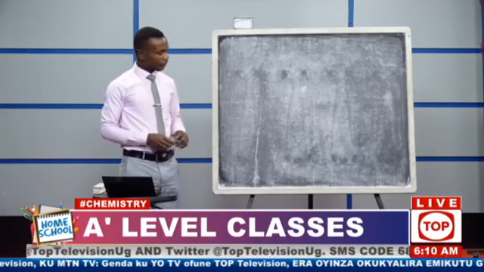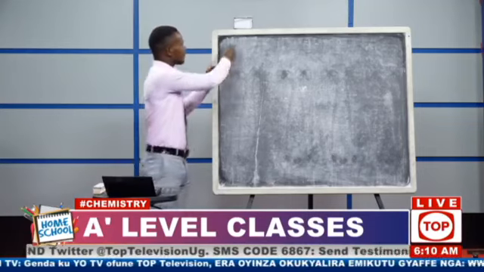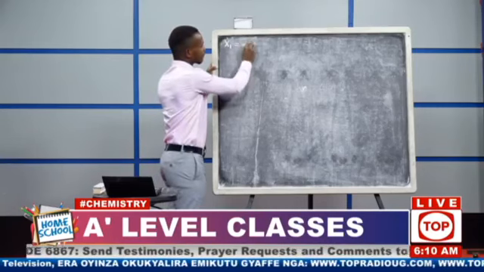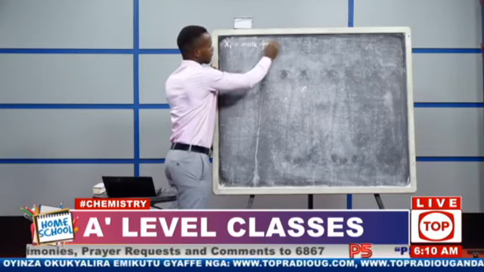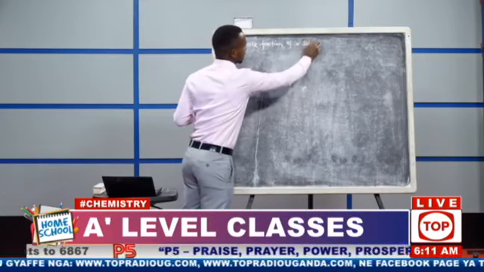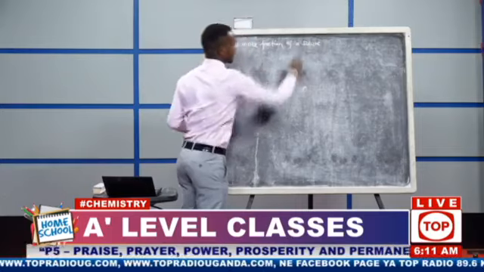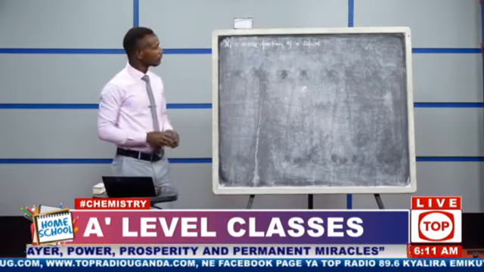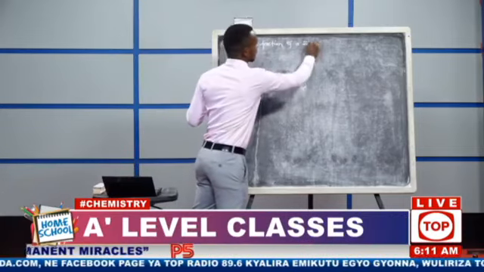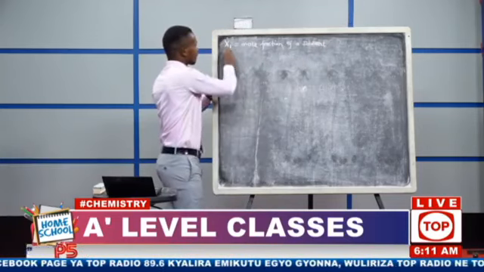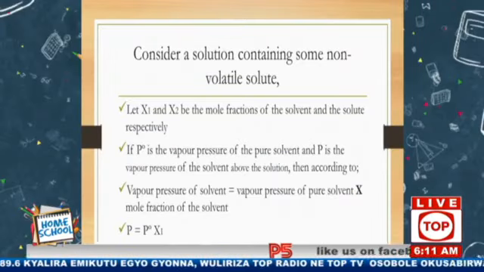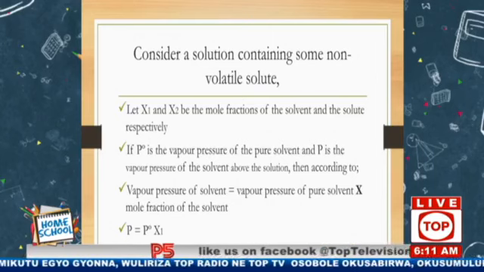Okay, we said that for us to begin, let X1 be the mole fraction of the solvent, and X2 be the mole fraction of the solute.